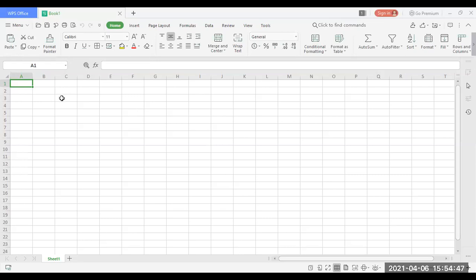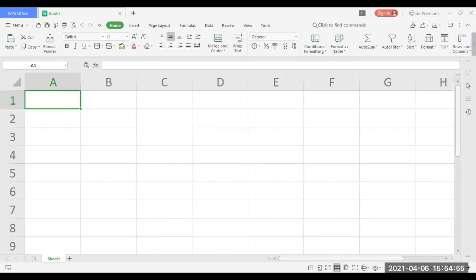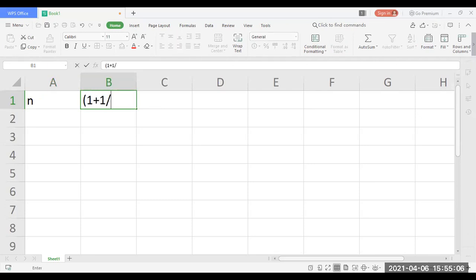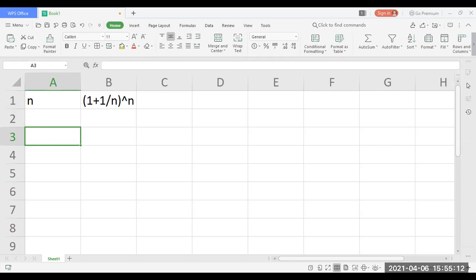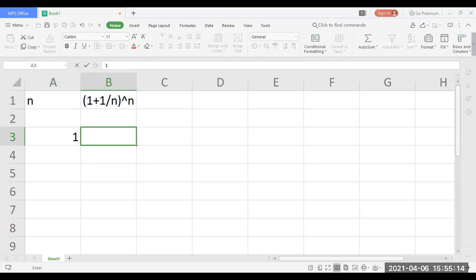Okay, let's use Excel. So I will do the following. Let me enlarge this so that you can see better. Let's say this is my n, and this is my (1 plus 1 over n) to the n. So when n equals 1, what will that be?